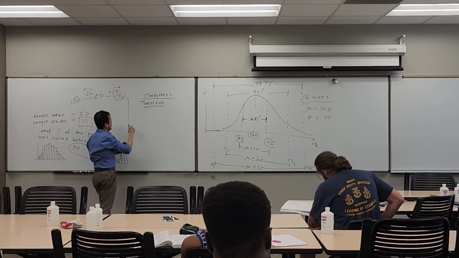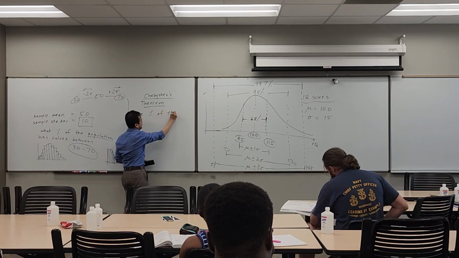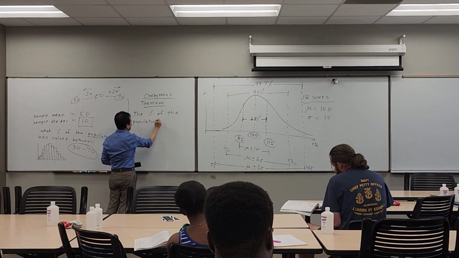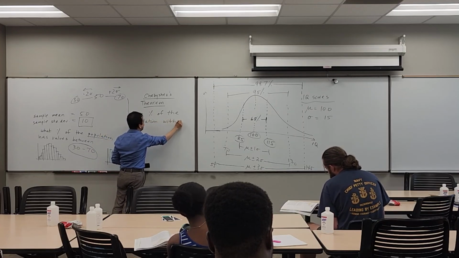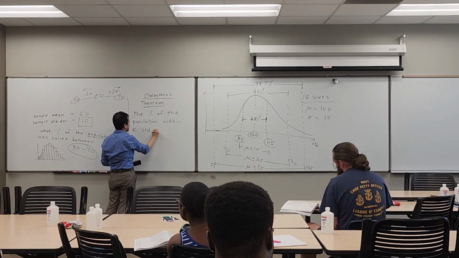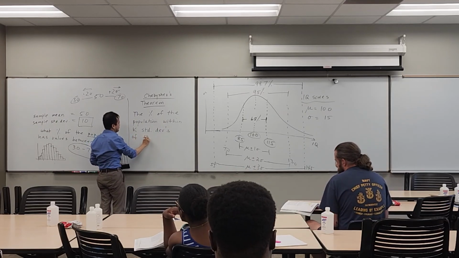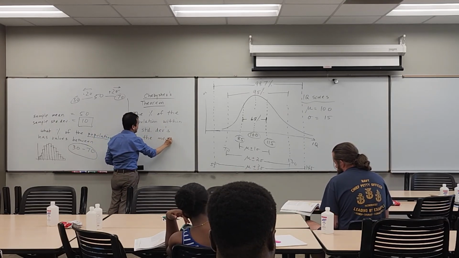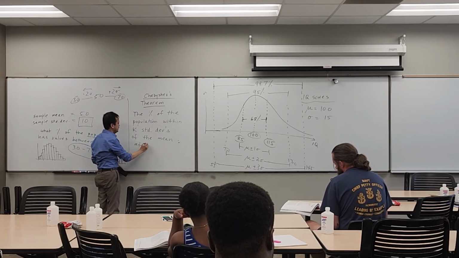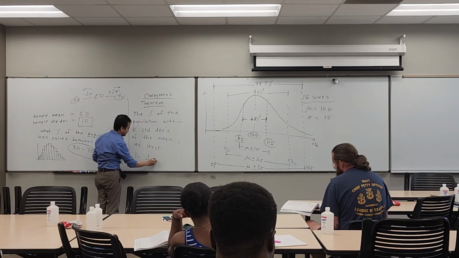So this says that the percentage of the population within k standard deviations of the mean, the answer to that question is at least 1 minus 1 over k squared.